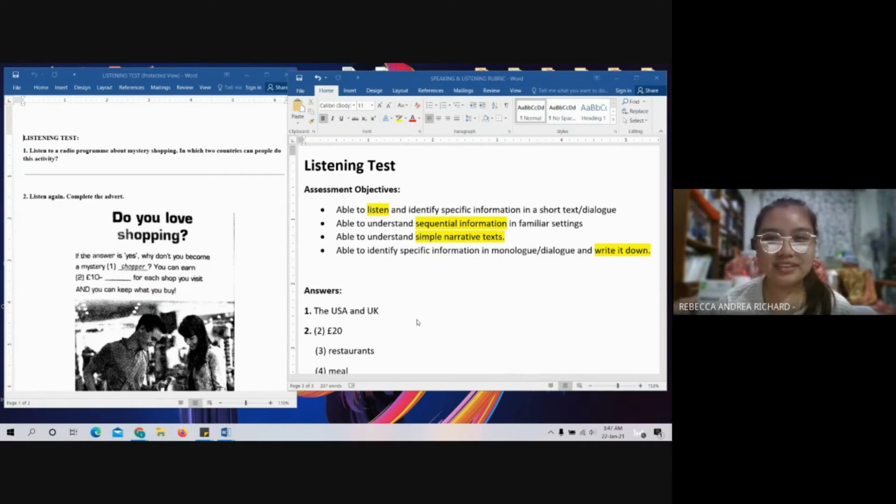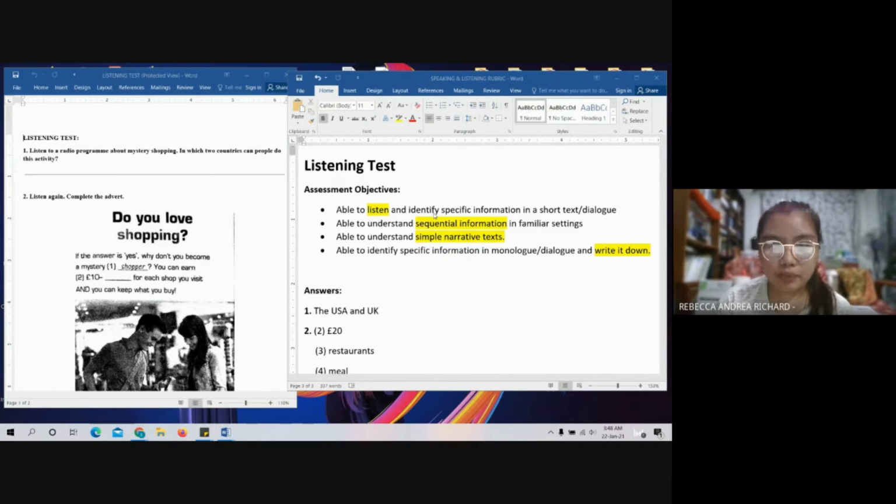So for our listening test rubric, it depends on the assessment objective that will be achieved by our students. The first point is being able to listen and identify specific information in a short text or dialogue.